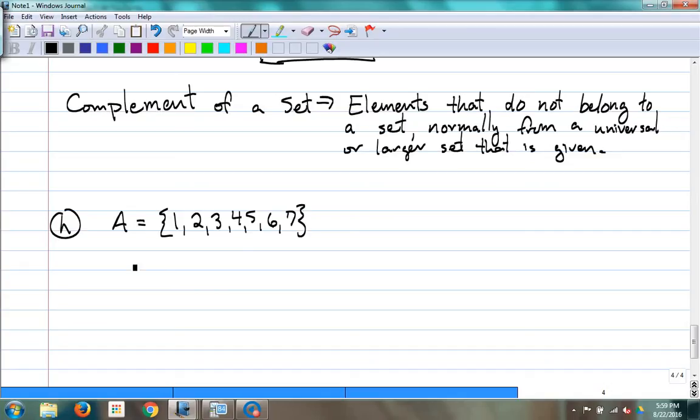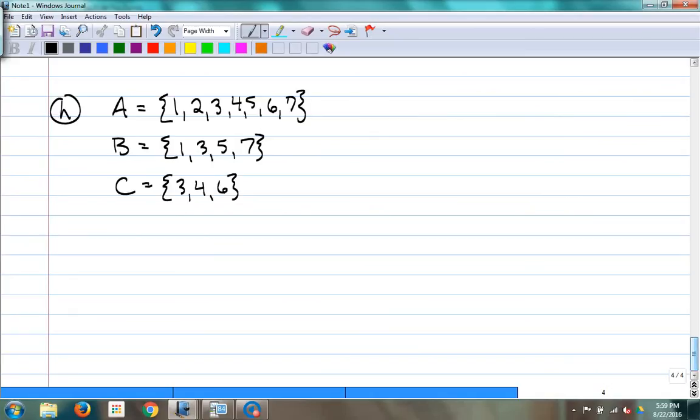And then set B, let's say it's 1, 3, 5, and 7. And set C is 3, 4, and 6. Okay? So those are the sets that are given.